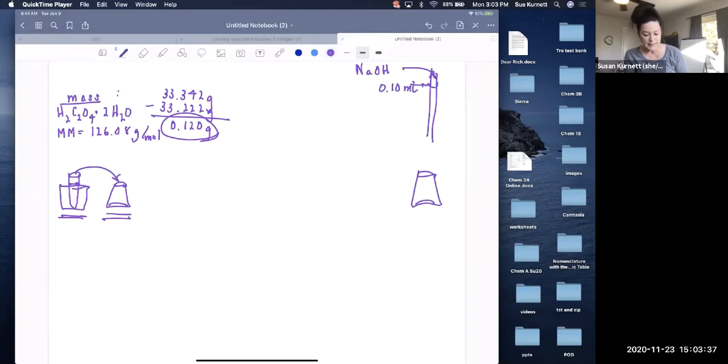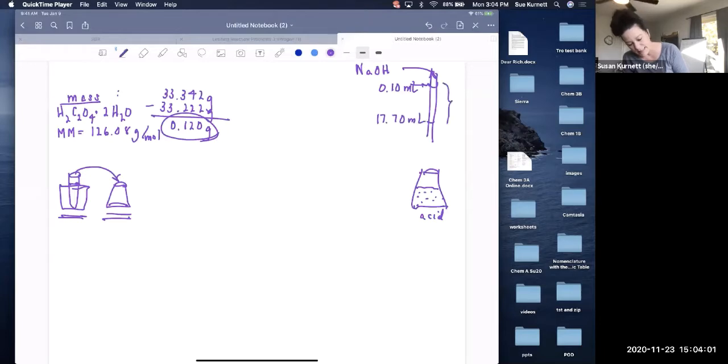So we had the oxalic acid dihydrate, we added some water, and the oxalic acid dissolved. We're going to add this base until the indicator goes from colorless to just barely pink. And when it does that, it's 17.70 milliliters.